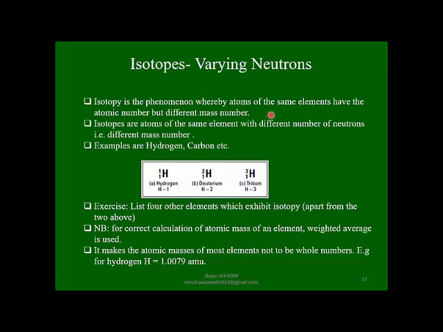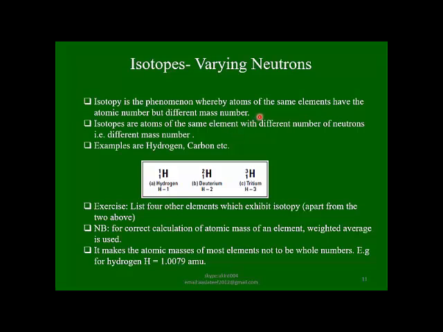And for a neutral element, the protons and electrons are equal, which means if we have the same element in two forms that have the same proton number but different mass numbers, it means that the neutron content is different.